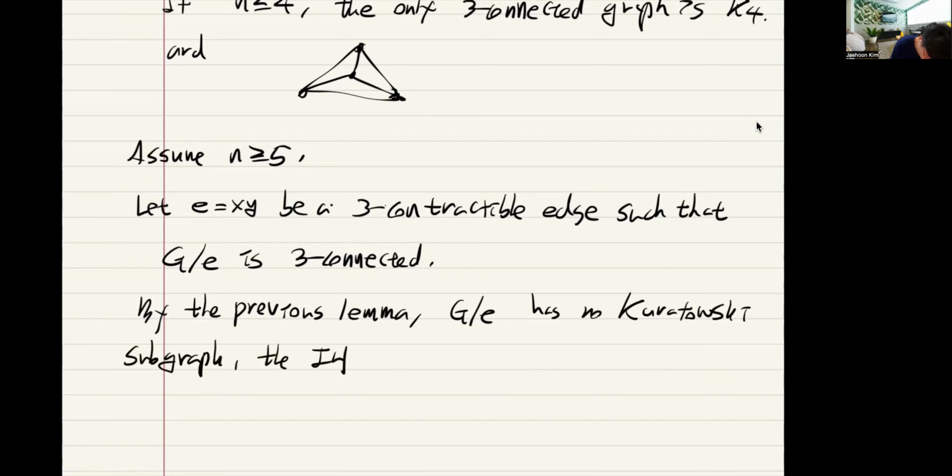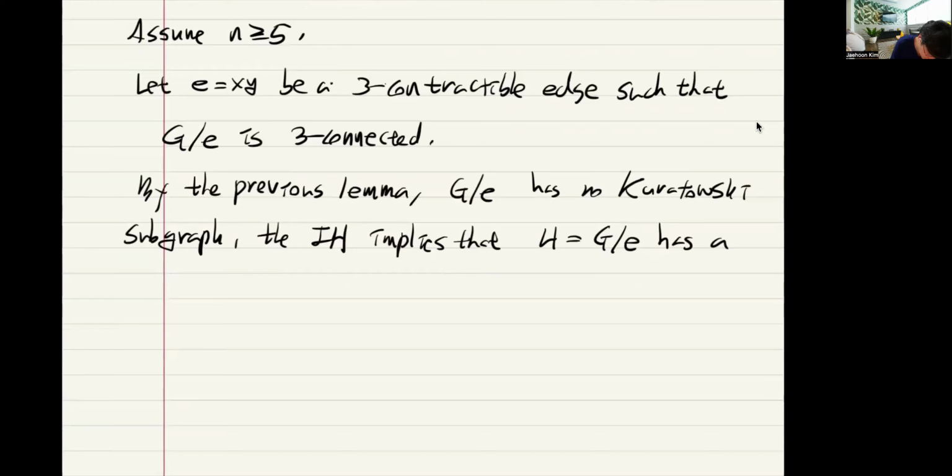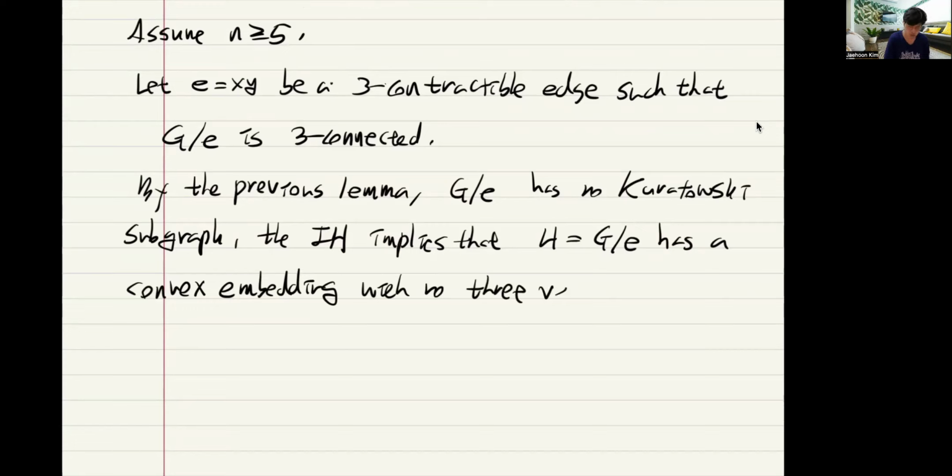So the induction hypothesis implies that H, which is G contract xy, has a convex embedding with no three vertices on a line.